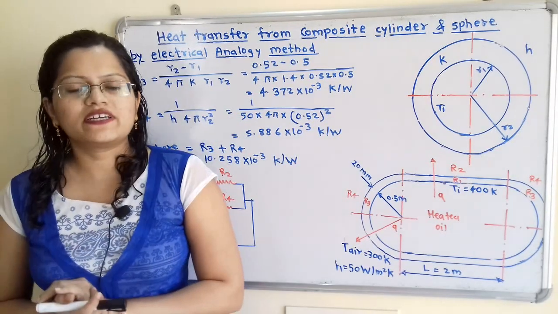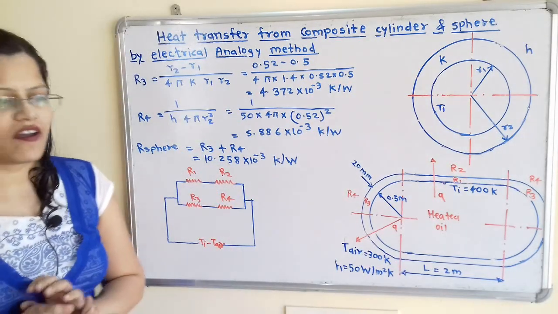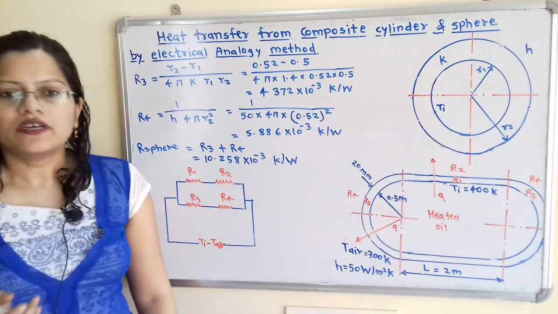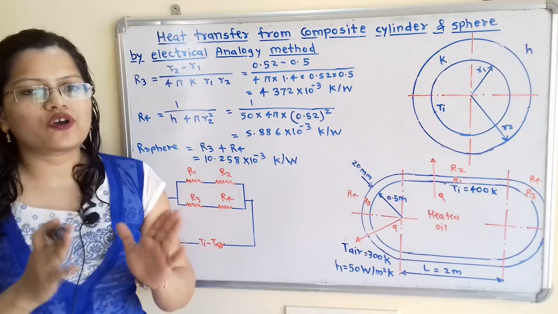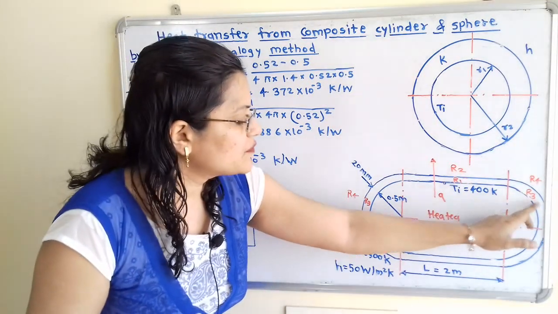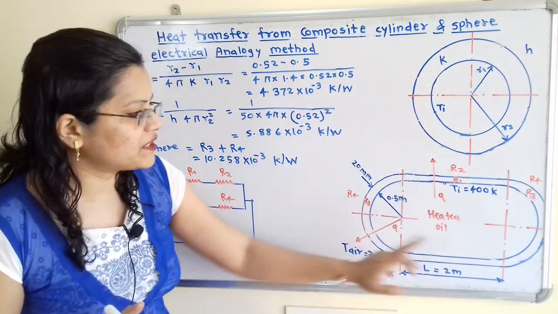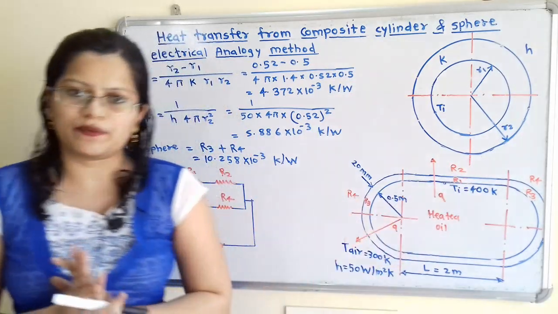Now we will calculate R3, that is the resistance for the conduction heat transfer through the hemisphere. Here we will use the formula for the complete sphere, because this R3 is for two hemispheres, one hemisphere and the second hemisphere.